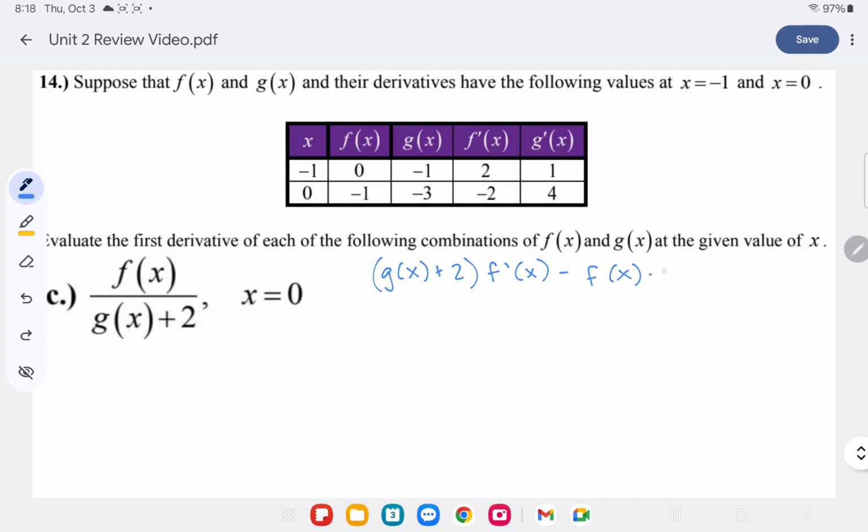Derivative of the bottom is g prime of x, because the derivative of 2 is just 0, so we don't need to include that when we're finding the derivative of the denominator, over the square of what's below. All right, and then we're plugging in 0 for all of these. So I'm going to go ahead and replace all of those x's with zeros.